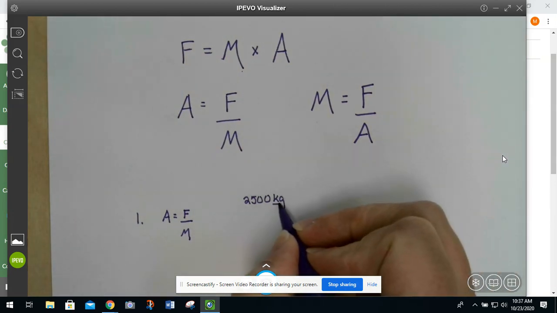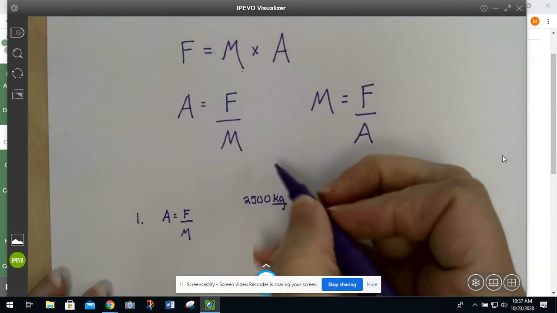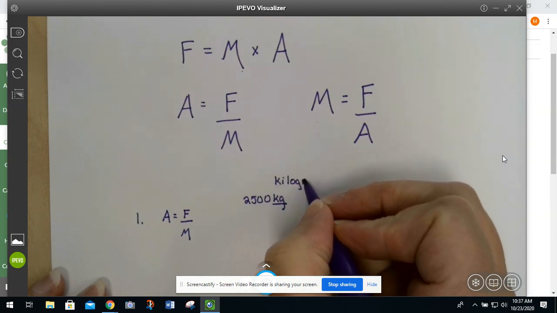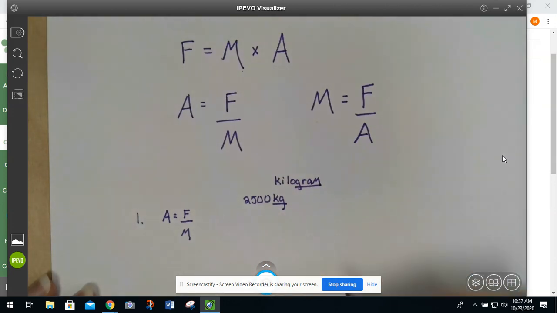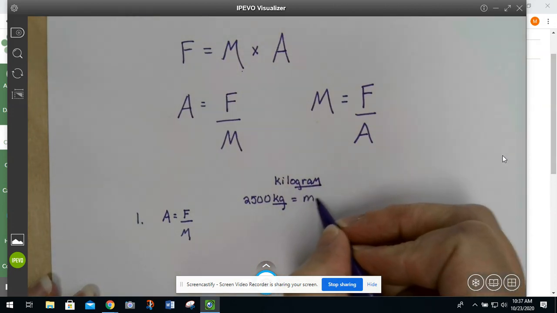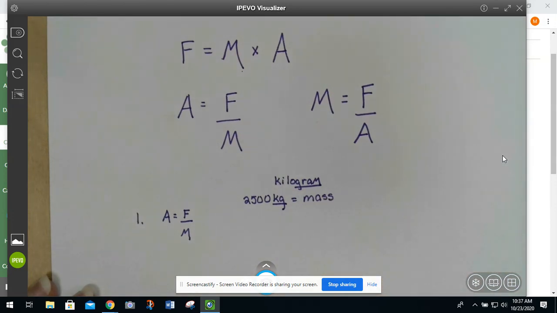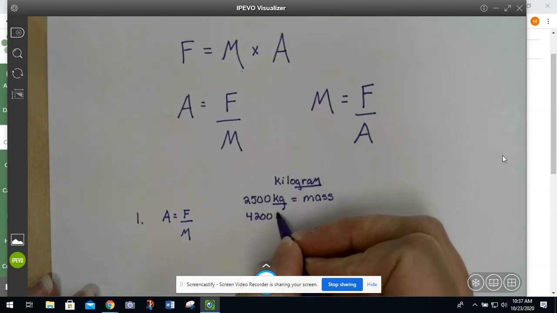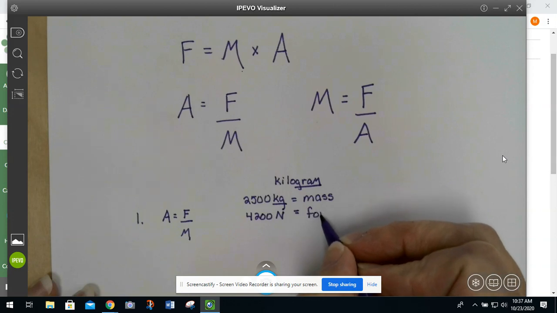Now, when you see anything with the word gram in it, this is kilogram. That kg stands for this. But in science, if I see that word in anything, I know that's the mass. And then the problem also says I have 4,200 newtons of force. Remember, force is always going to be measured in a newton.